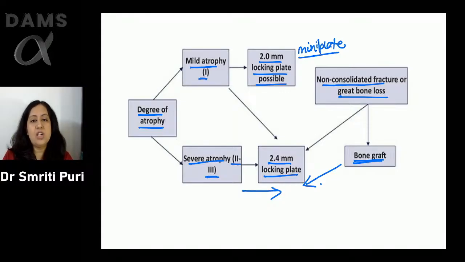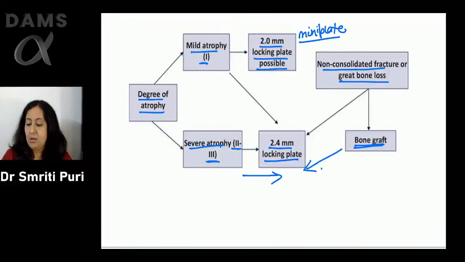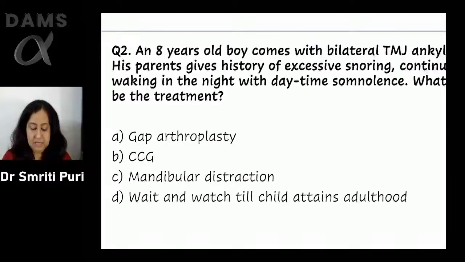So next potential question in your INI can be Lewer's class 2 or class 3, and bone graft can be given in one of the options. So please remember these things. Okay, you have to remember these things. Fine. Is it clear, everyone? Let's go on to the next question.